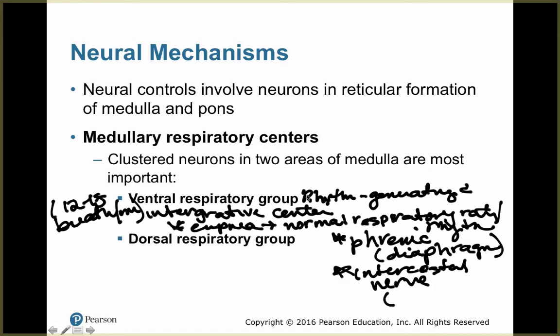And the intercostal nerves, if you remember, were those ones that didn't belong to any plexus. They're responsible for the external intercostal muscles.